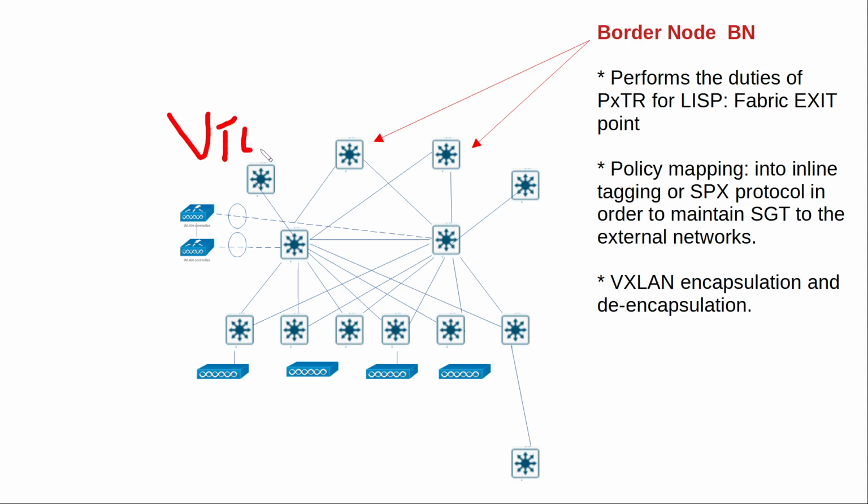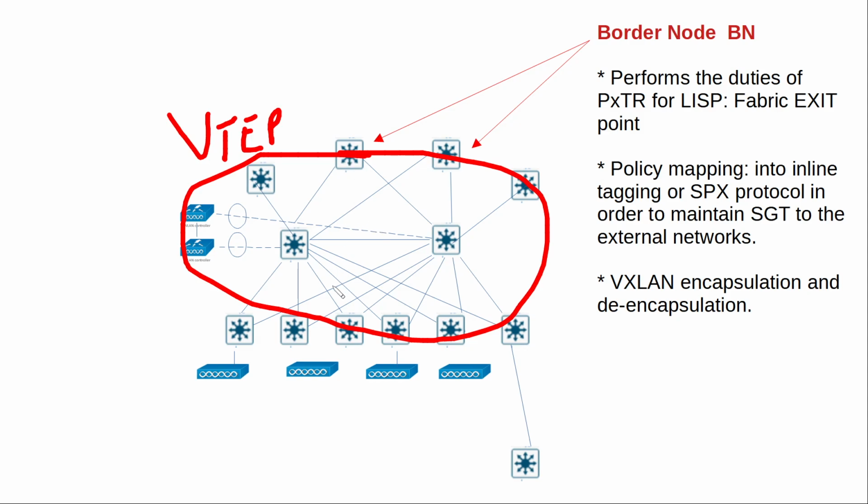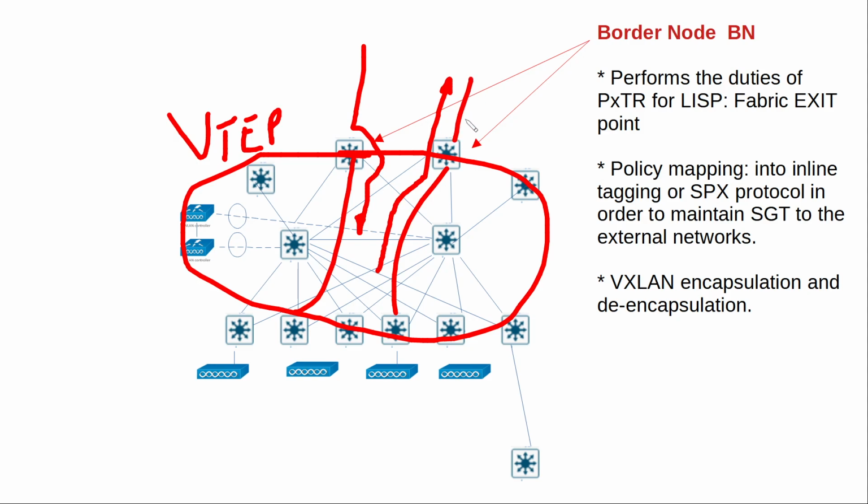In VXLAN terminology, our border nodes should be able to encapsulate traffic into VXLAN tunnels that is coming from outside the fabric into the fabric, and they should be able to de-encapsulate traffic coming from VXLAN when traffic is moving out of the fabric.